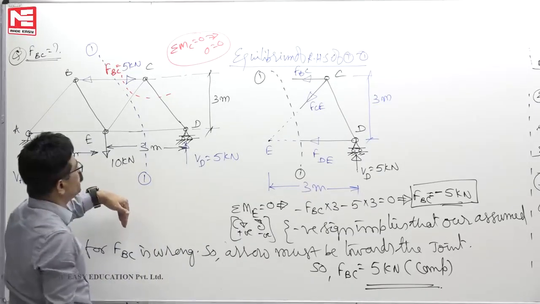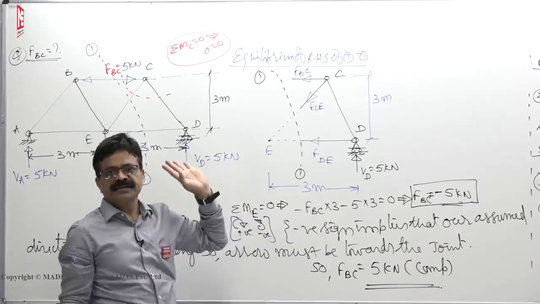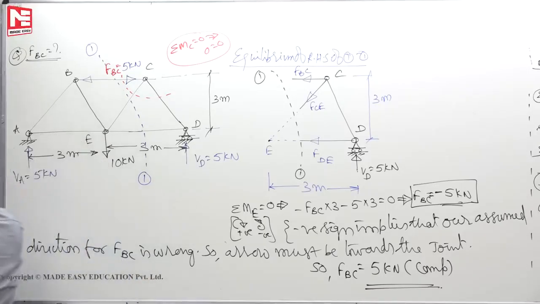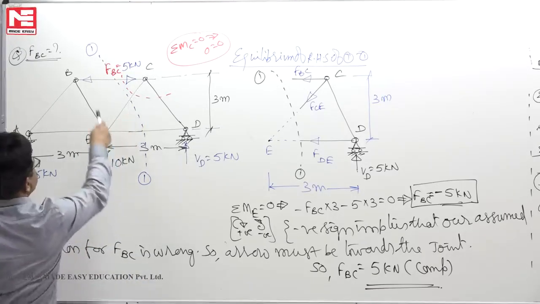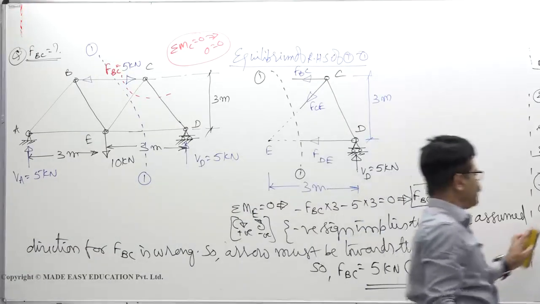So in the next problem we will see that this free body diagram we will not draw, and we will not get a negative sign. Okay, now assume that instead of member BC we want to find the force in the member CE.